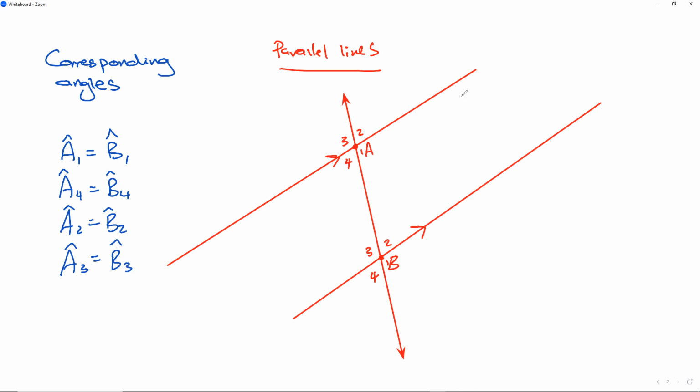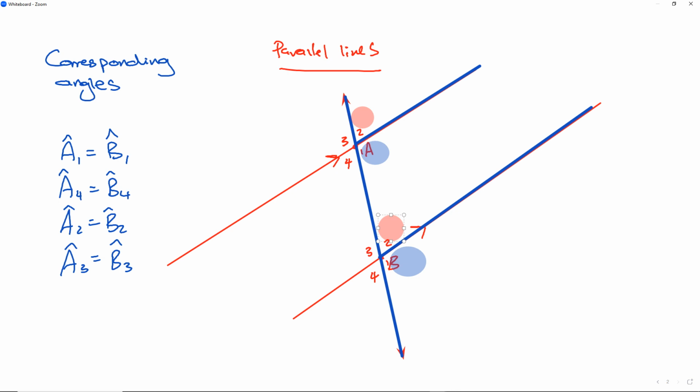We also note that this can be expressed as what is known as the F shape. Okay, so I can actually see some kind of F shape. And when you see the F shape, you'll start noticing that if there's an F this way, then I'm going to have some corresponding angles over there, right? And I'm also going to have some corresponding angles over there.